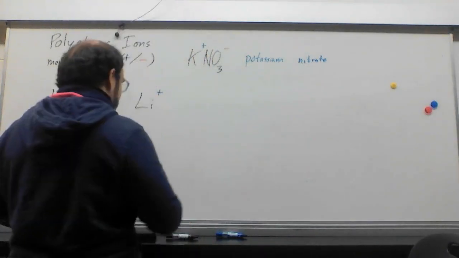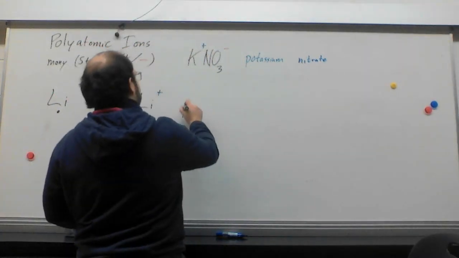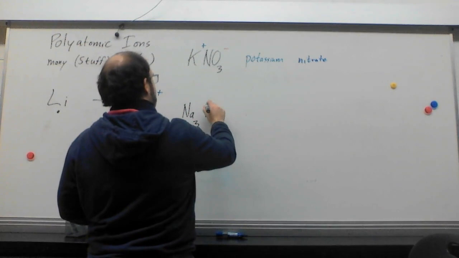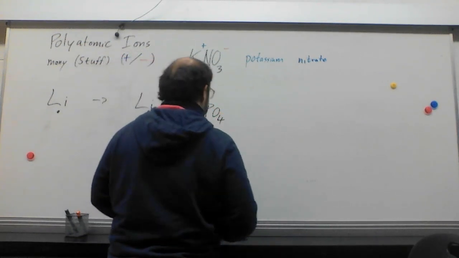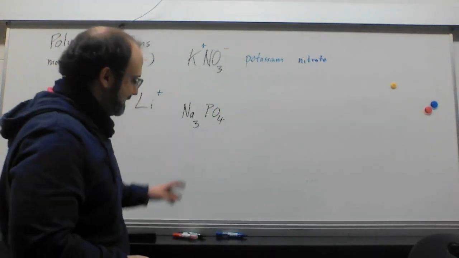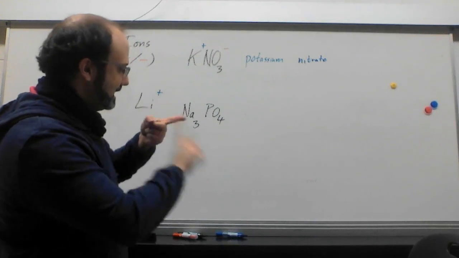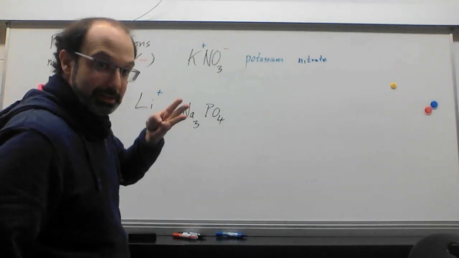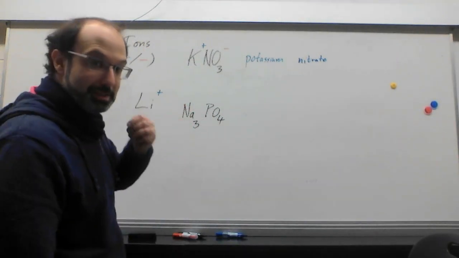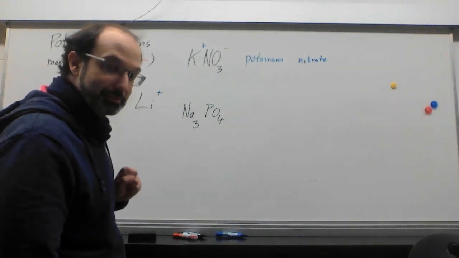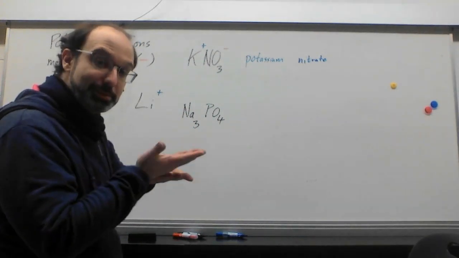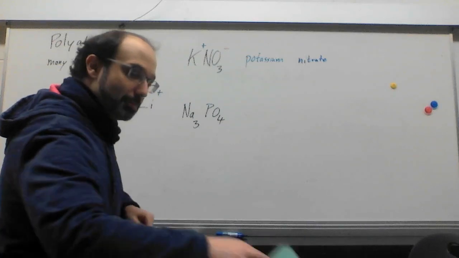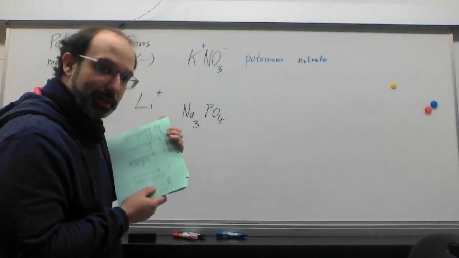Let's try another one. Let's say I've got Na3PO4. Okay, once again, I have 3 elements here. I've got Na, I've got P, and I've got O. If I've got 3 or more elements, that means it's a polyatomic. I am no longer dealing with the first 2 examples that we did, and now I got to pull out my periodic table and take a quick look.